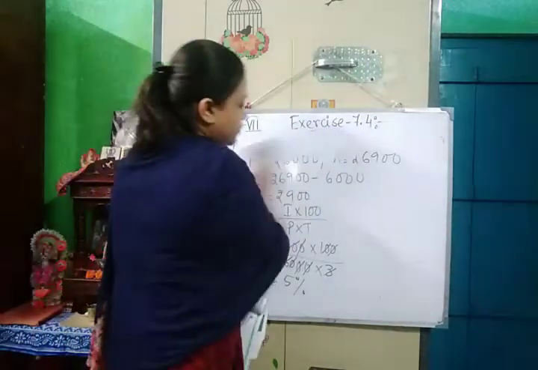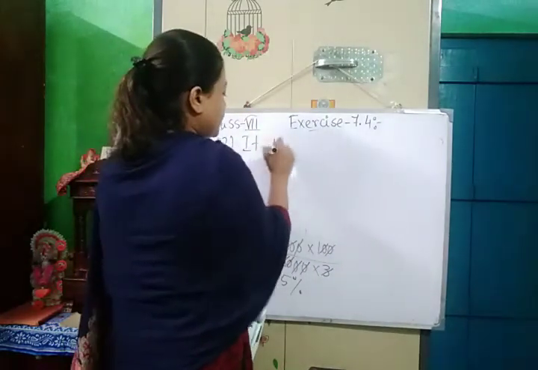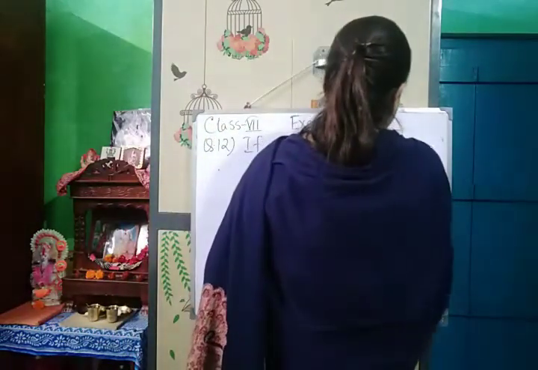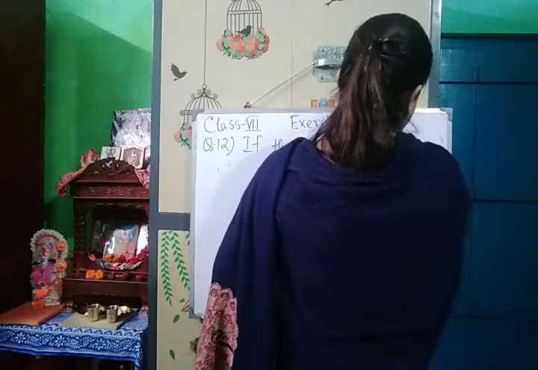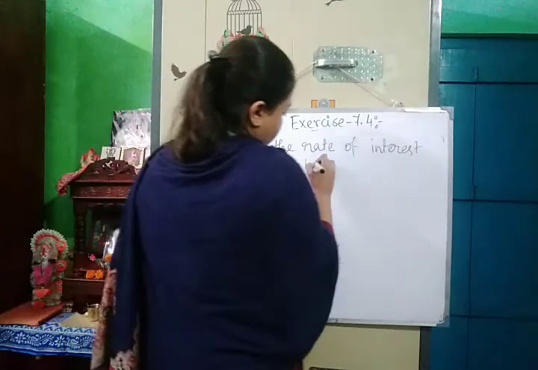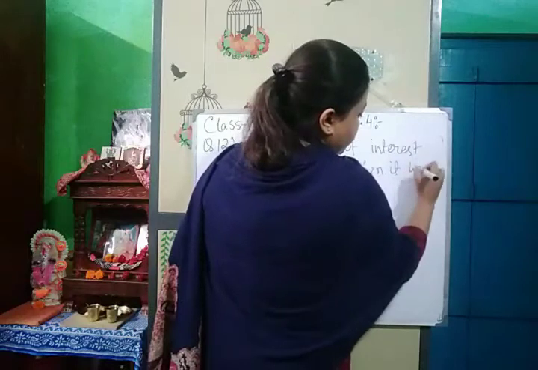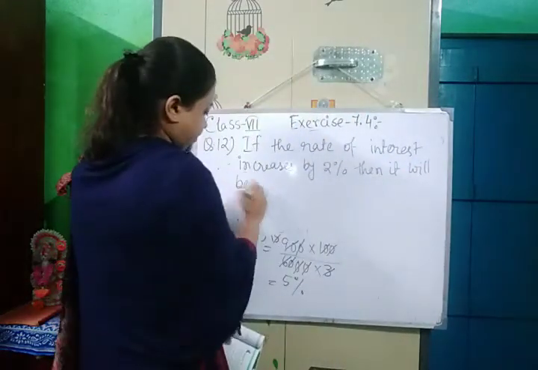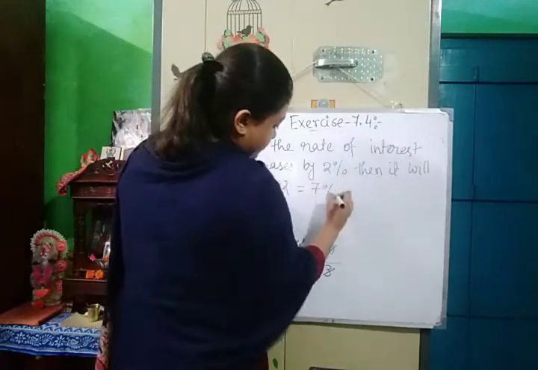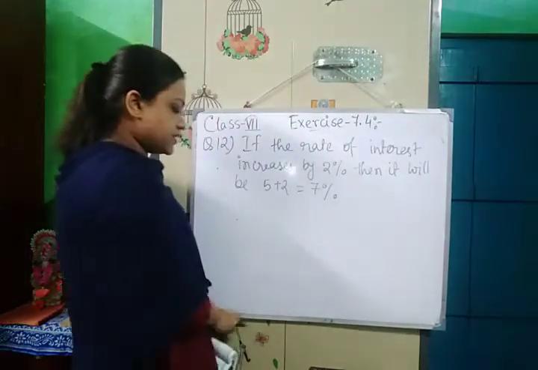So if the rate of interest increases by 2%, then it will be 5 plus 2, so 7%. Okay. So the rate of interest will be 7%.